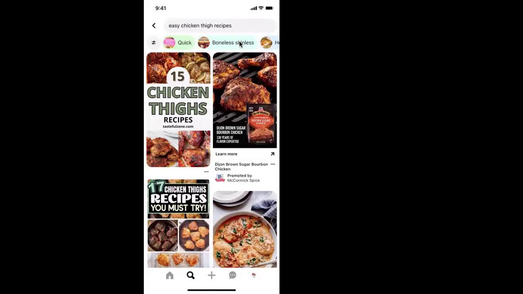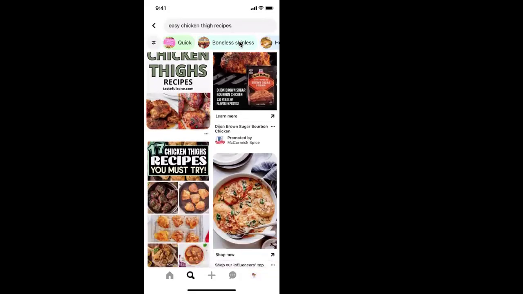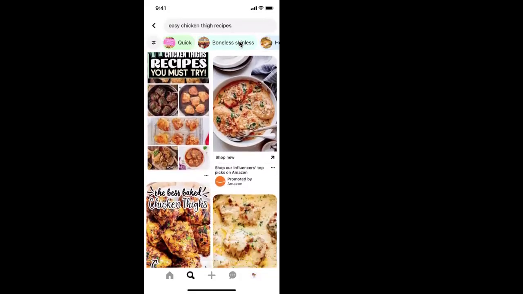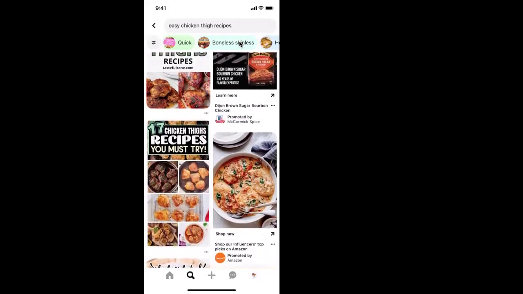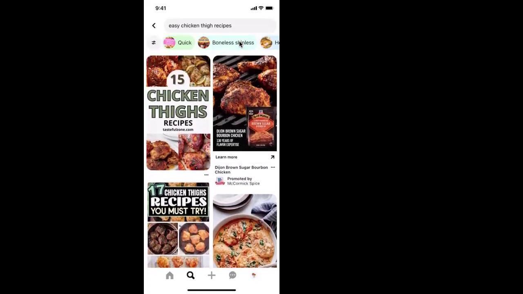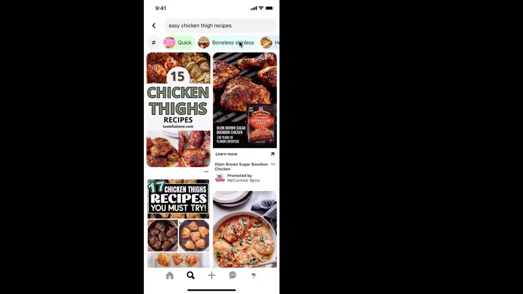So if my keyword is easy chicken thigh recipes, and I would have to go in and make sure that's what it is, then looking at these, it would be so easy to get to the top pin. If you're using that exact keyword, then you're going to be able to get up there. I do it all the time, just by using those exact keywords.